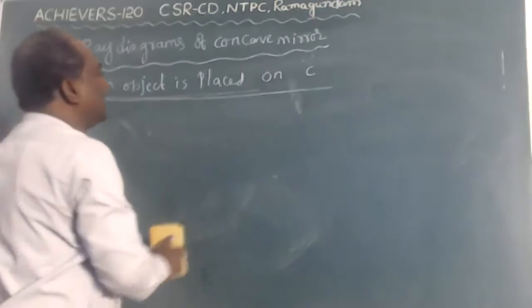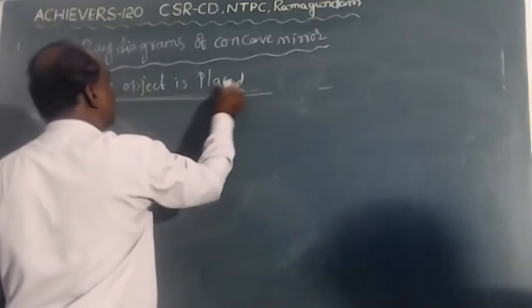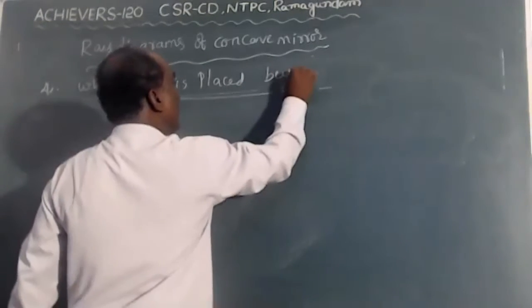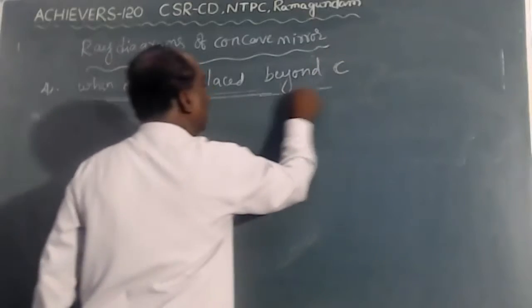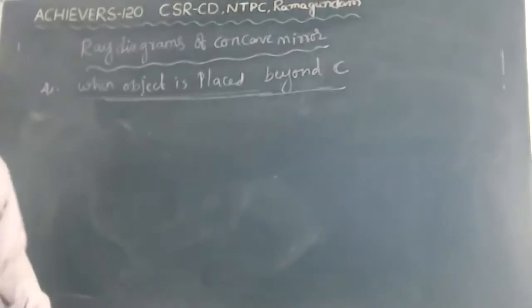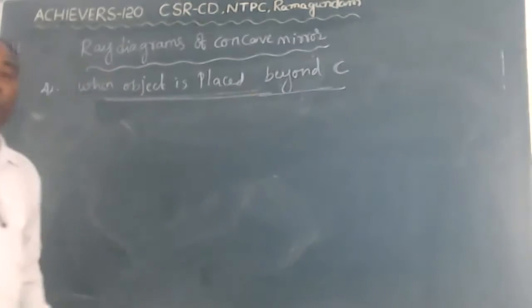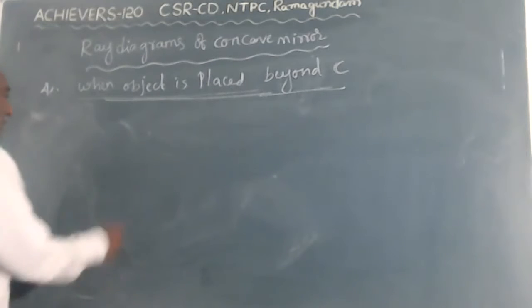When the object is placed beyond C. It is also a very important ray diagram, children. When the object is placed beyond C, same way.